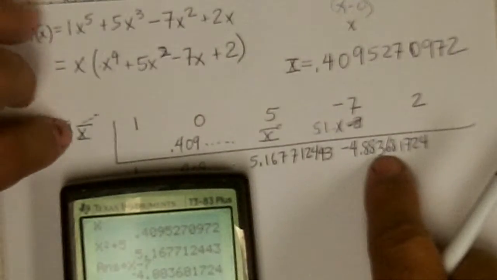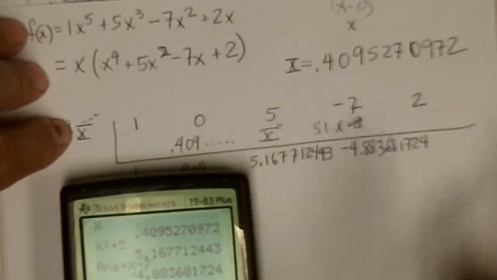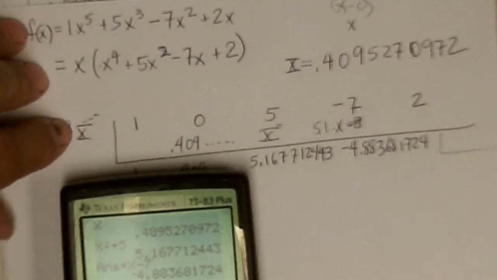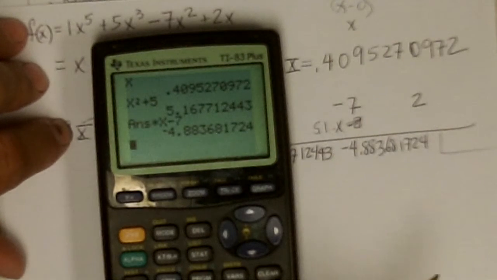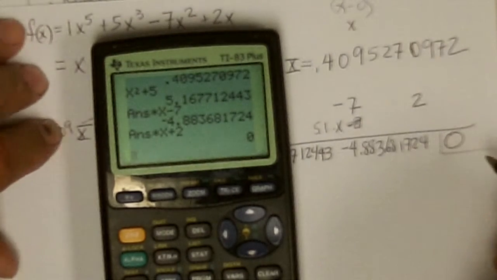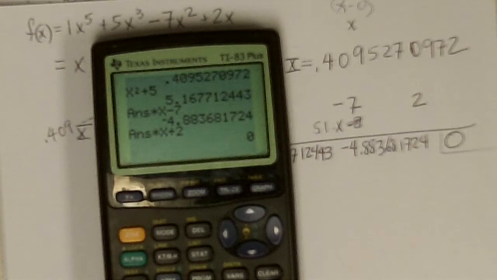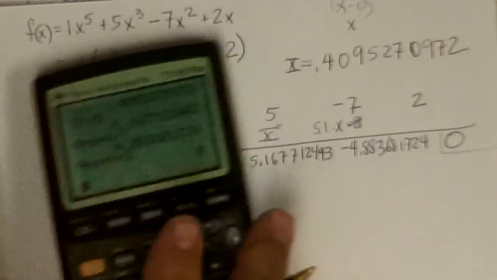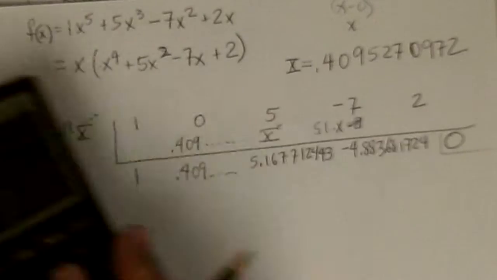Then I have to take that times the x and add 2 to get this last number, and it should be close to 0. So I'm going to take it times x plus 2, and it says 0. So we've done it correctly, but we've got an ugly thing here.